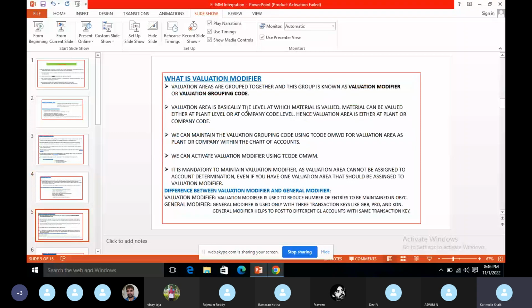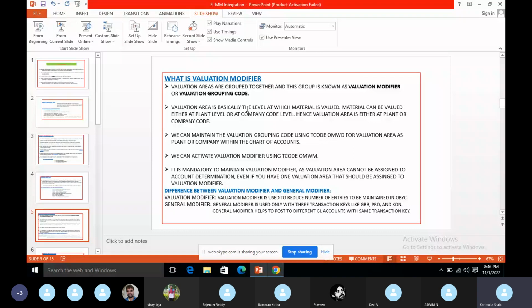So what is valuation modifier? The valuation areas are grouped together, and this is called valuation modifier or valuation grouping code. The valuation area is basically the level at which material is valued. The material can be valued either at plant level or at company code level. Hence, valuation area is either plant or company code.